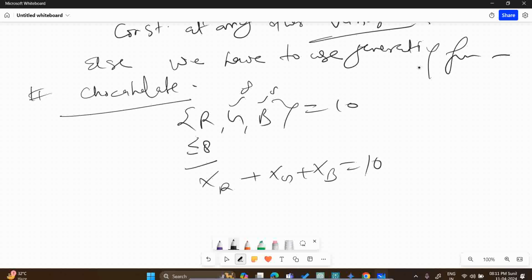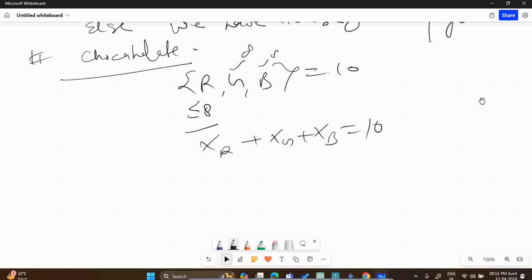But we can turn this upper constraint around into a lower constraint. R can't be greater than 8.